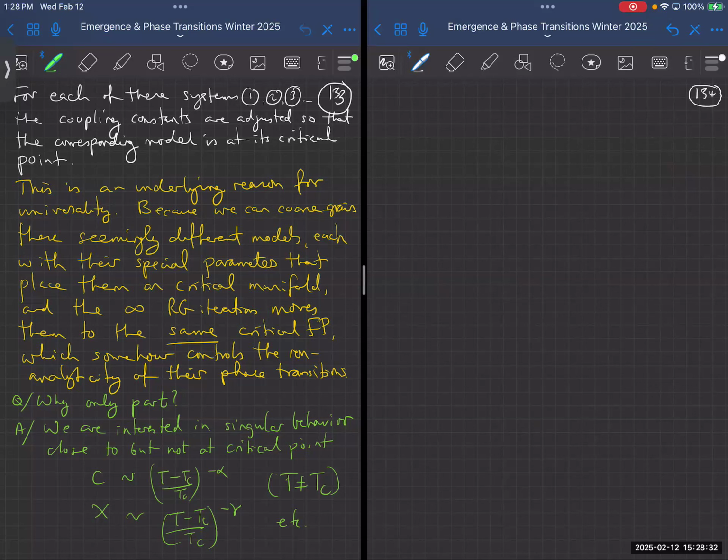So the basic point is, we have to think about what happens off the critical manifold.